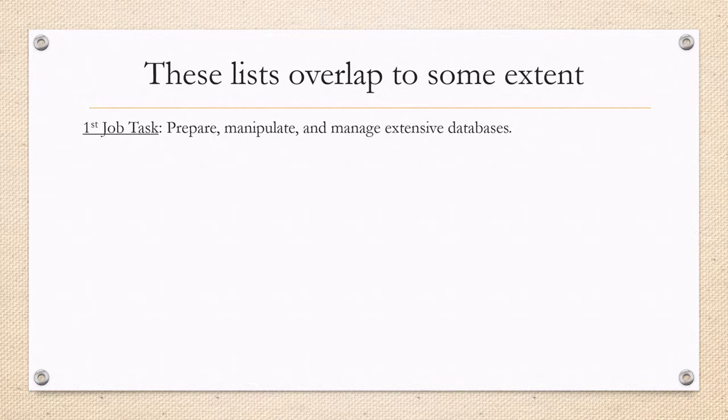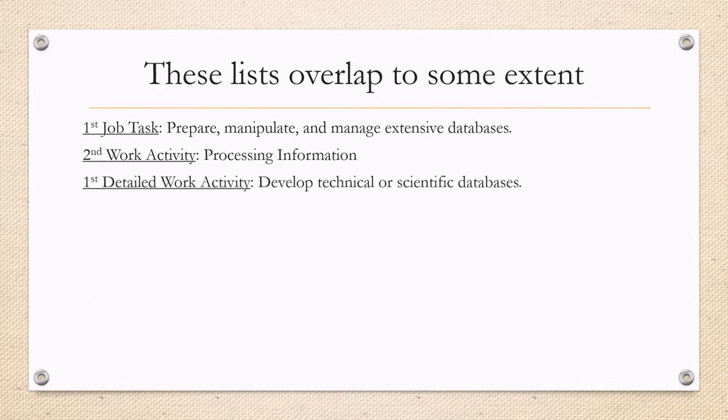If we look at the work activity list, the second item says processing information. These are very similar. When you manage and create a database, you are processing information. And the first item on the detailed work activity list is develop technical or scientific databases, which is basically the same as the first task.